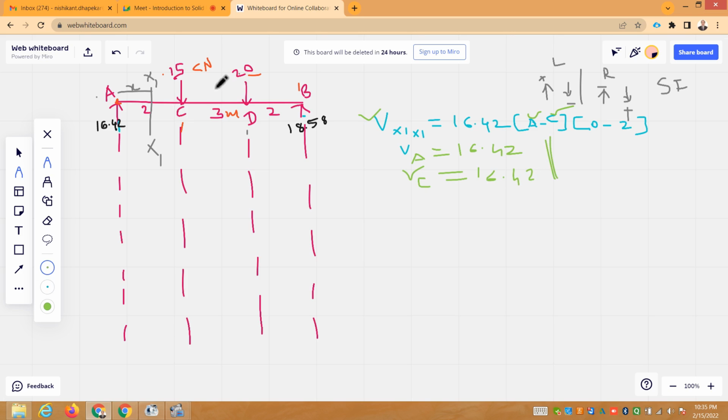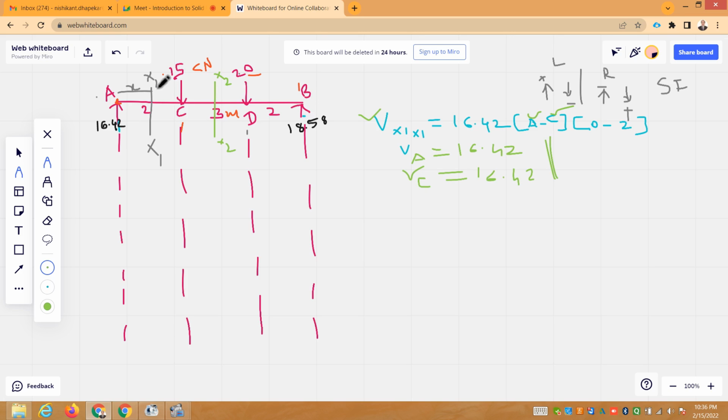Then the next section you have to take in this span CD. So this is x2. You can take the section from the left side or right side, it will not make any difference, because to the left of the section there are two vertical forces, and to the right of that also there are two forces.